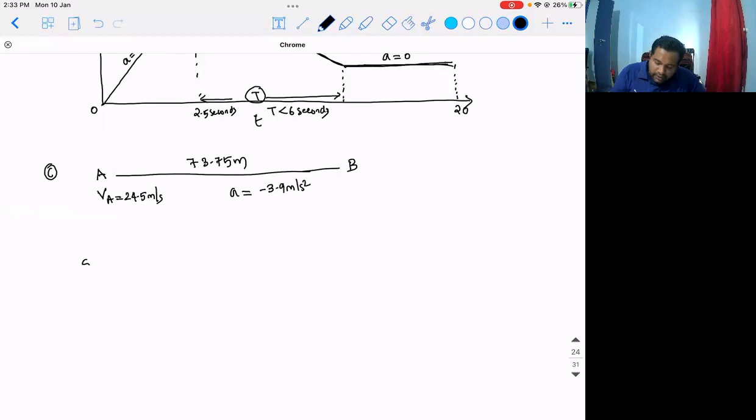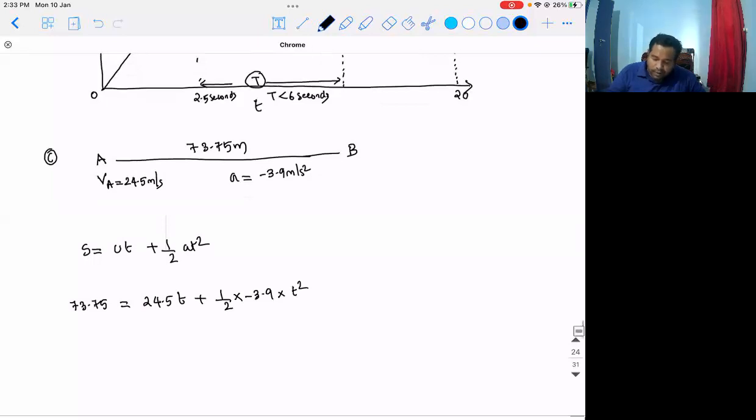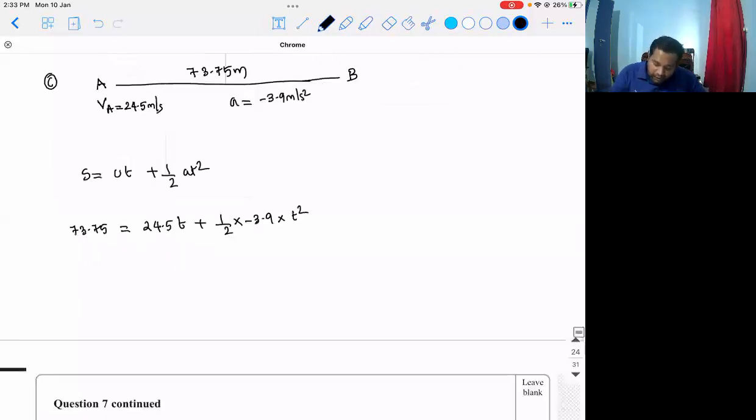Which equation can we use? S equals UT plus half AT squared. So 73.75 equals 24.5 T plus half times minus 3.9 times T squared. Bring it to the other side and it becomes a quadratic equation: half times 3.9 T squared minus 24.5 T plus 73.75 equals 0.